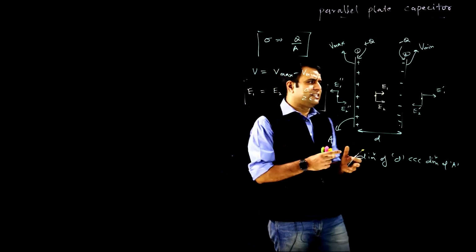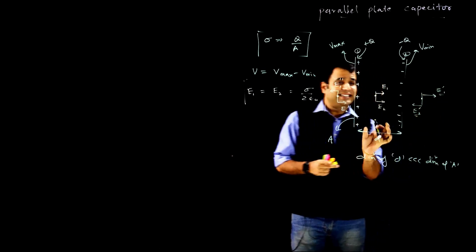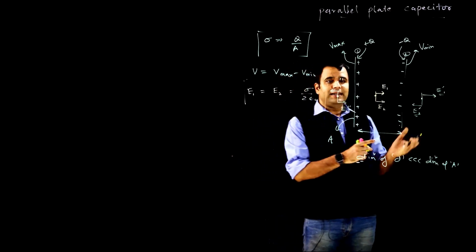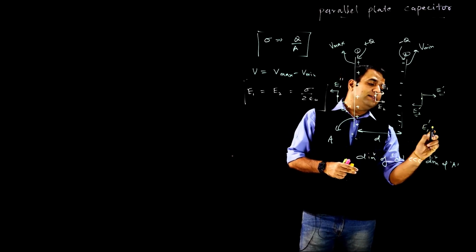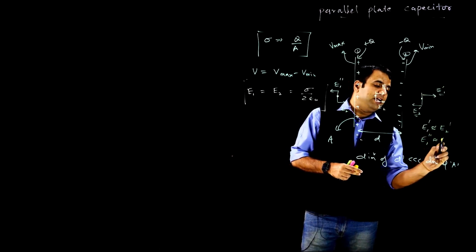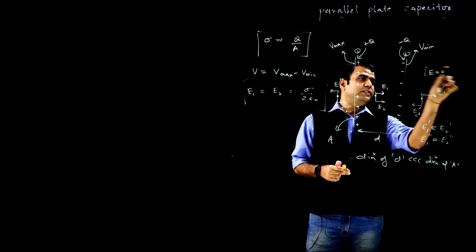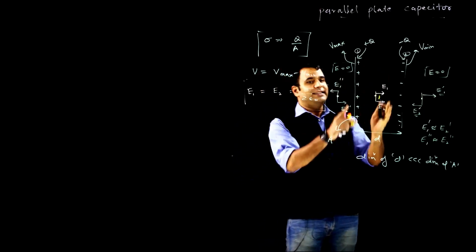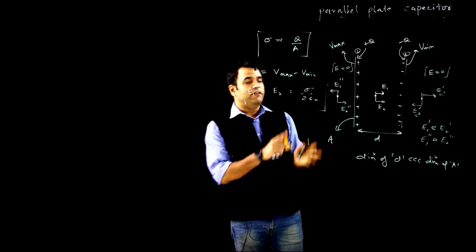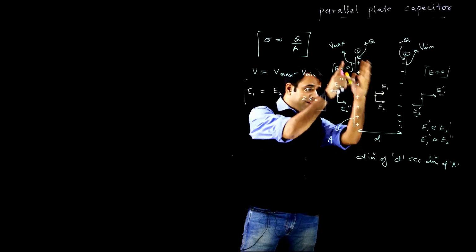The magnitudes of E1 dash and E2 dash will not be the same because the distance varies, but this D is very small, so the variation in distance will not be that much. Because of that, we can safely say E1 dash is approximately equal to E2 dash, and similarly E1 double dash is approximately equal to E2 double dash. So the electric field will be 0 on this side as well as on this side. There will be an electric field only between these two plates. This is also a very good example where the field is confined within the plates, so the energy is not going outward, it's only within this.